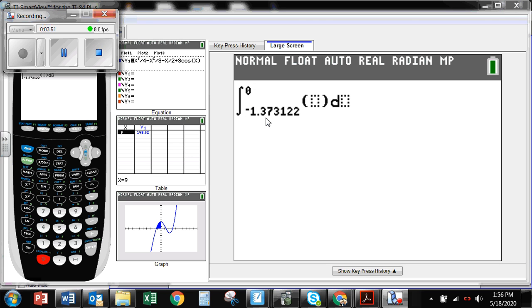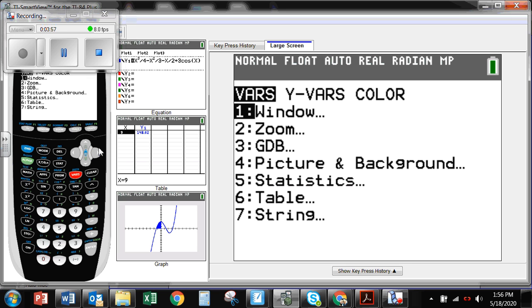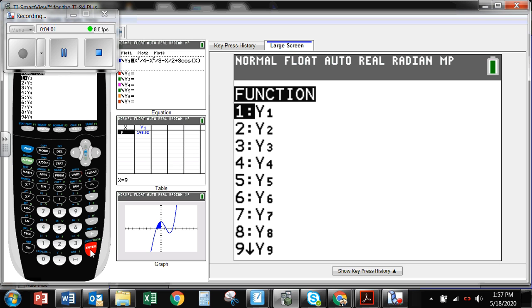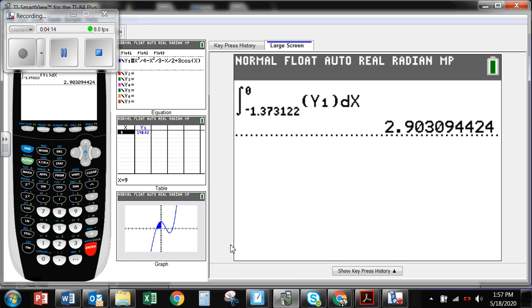Okay, so now that I have the right interval in there, negative 1.373122 to 0. My function was in y1. Remember, we do vars, y-vars. There we go, function y1, and we're taking this with respect to x, because that's what we do most times on the calculator, not all the time. And it gives me the exact same answer. So that's pretty good that we can do that on the calculator.